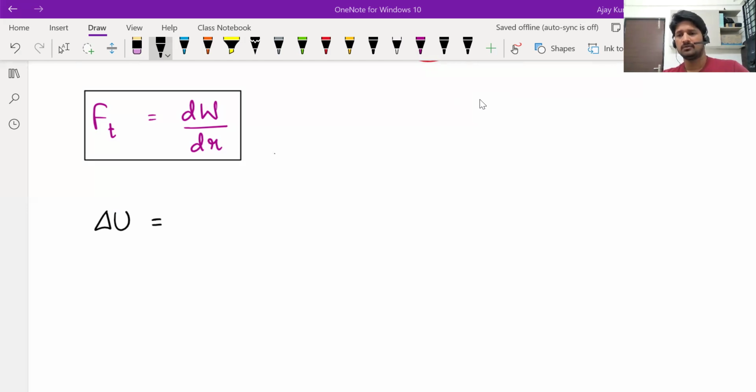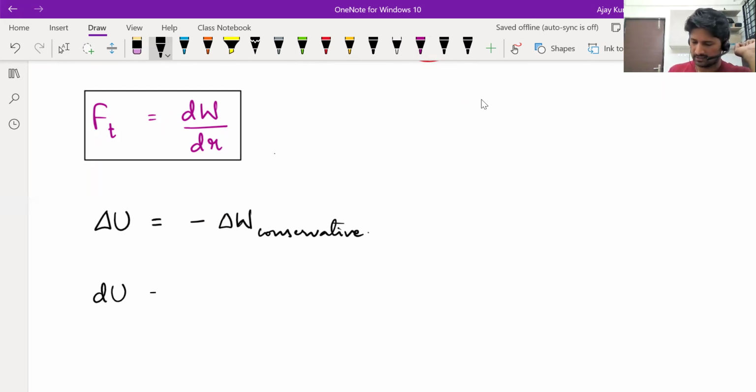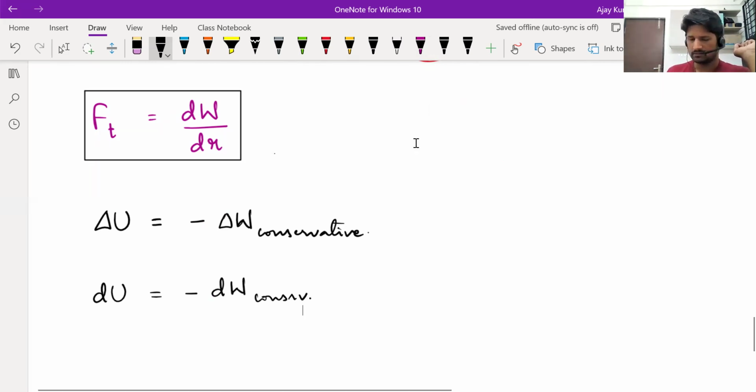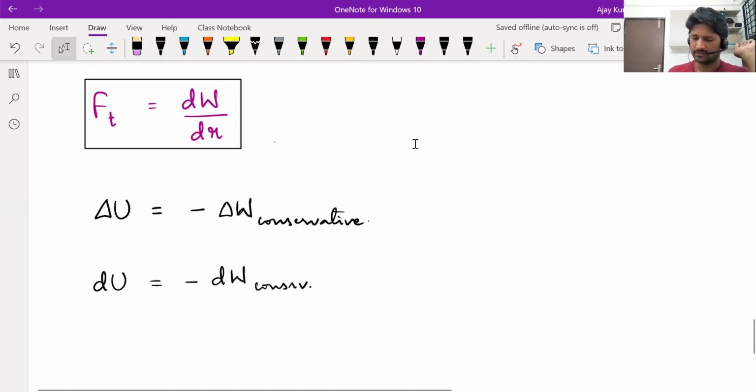Delta U is equal to? Minus work done by force. Correct. Negative of, by definition, change in potential energy of a system is negative of work done by the conservative forces acting on that system. Okay. So a small change in potential energy can be equated to a small amount of work done by the conservative forces. Okay, this is the definition of change in potential energy.